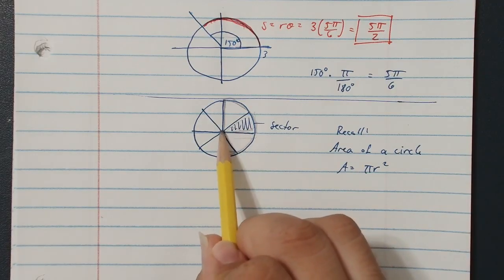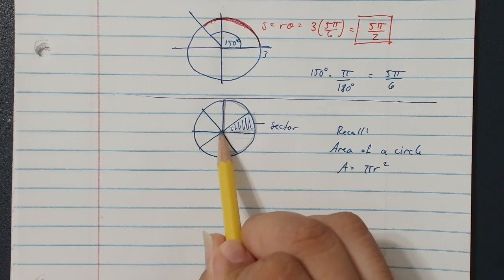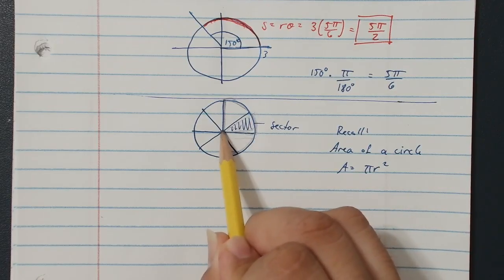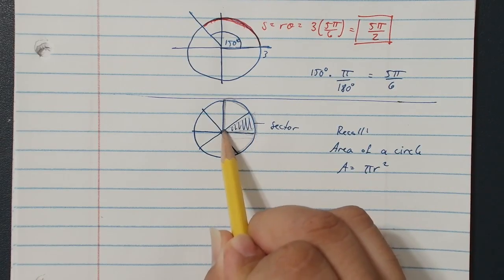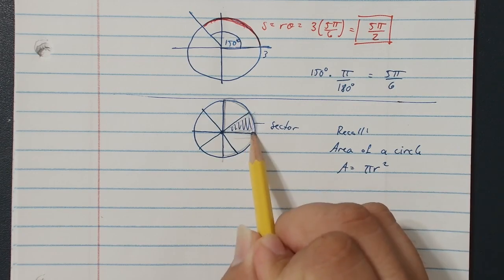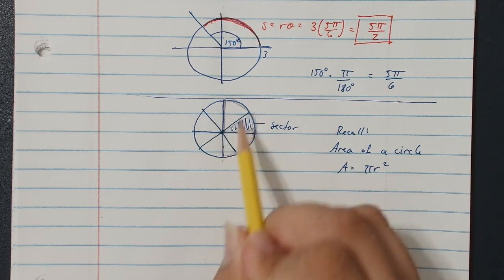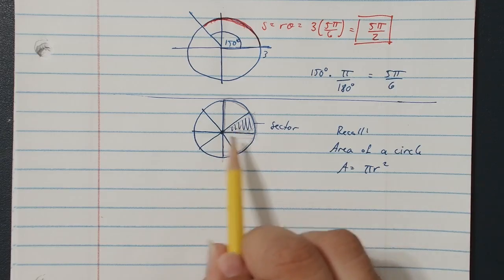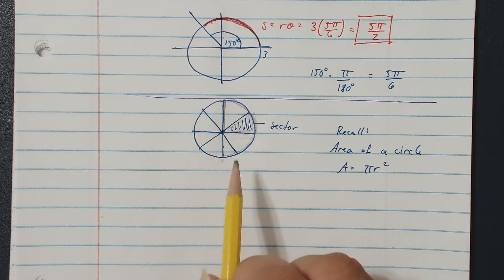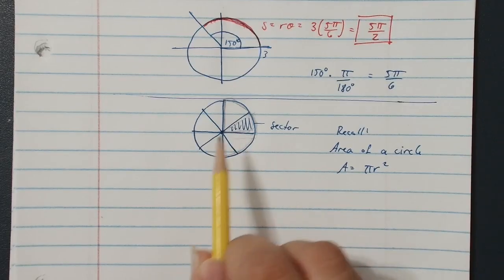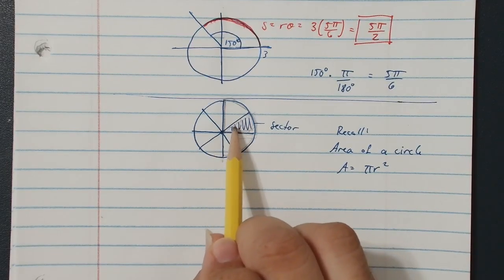Since all of these meet in the middle, all of them have the same radius, the same distance from the center to the outer edge, to the outer arc. So the size of this sector relative to the whole circle, whether it's half or a third or a quarter, depends entirely on what percentage of the circle it is, and that's given by our angle.